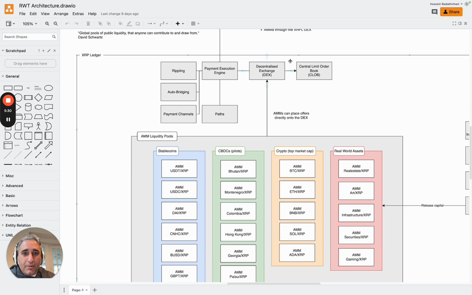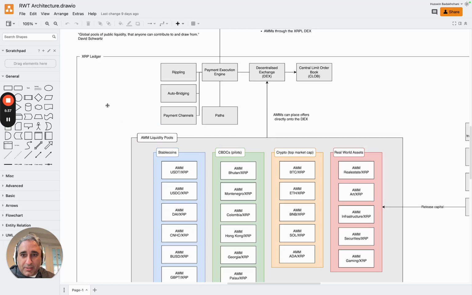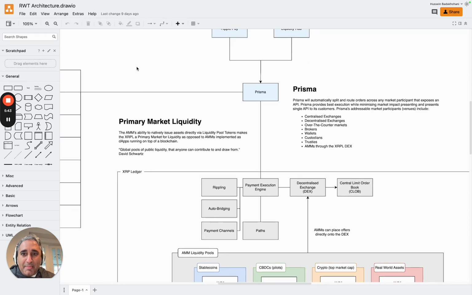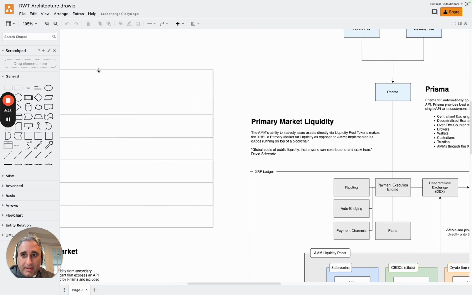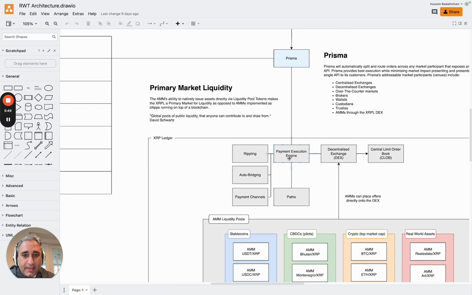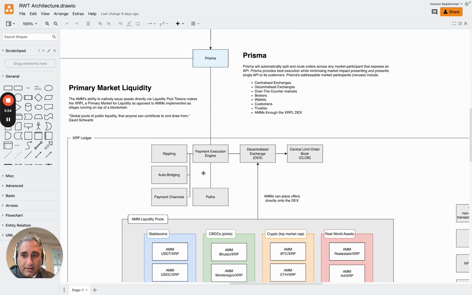So we'll just call it the DEX with the order book as one, the payment execution engine, and then the AMM liquidity pool. So just as Prisma routes orders smartly at this application level with APIs and secondary markets, the payment execution engine mirrors those capabilities inside the XRP ledger.